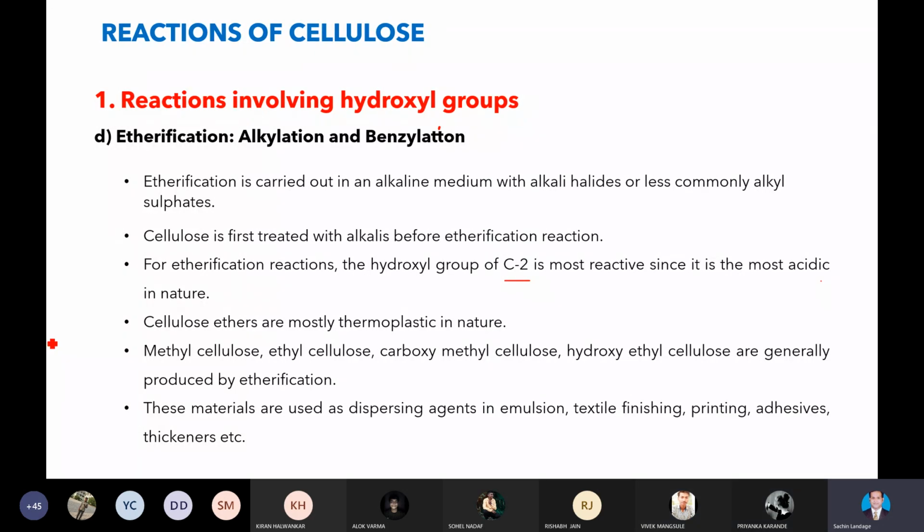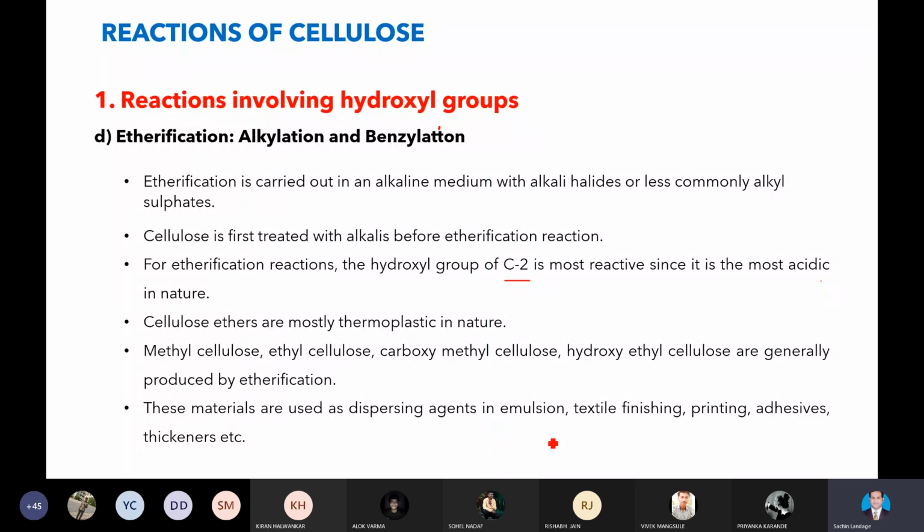In sizing, whatever additives are used, one of the additives is carboxymethyl cellulose, which you get by the etherification of cellulose. CMC, you might have heard, is also used in the food industry as a thickening agent, for example in custard powder.